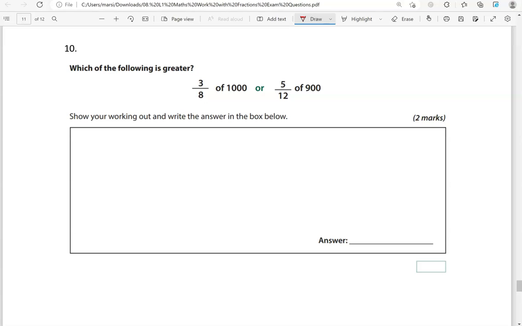Which of the following is greater? 3/8 of 1000 or 5/12 of 900?